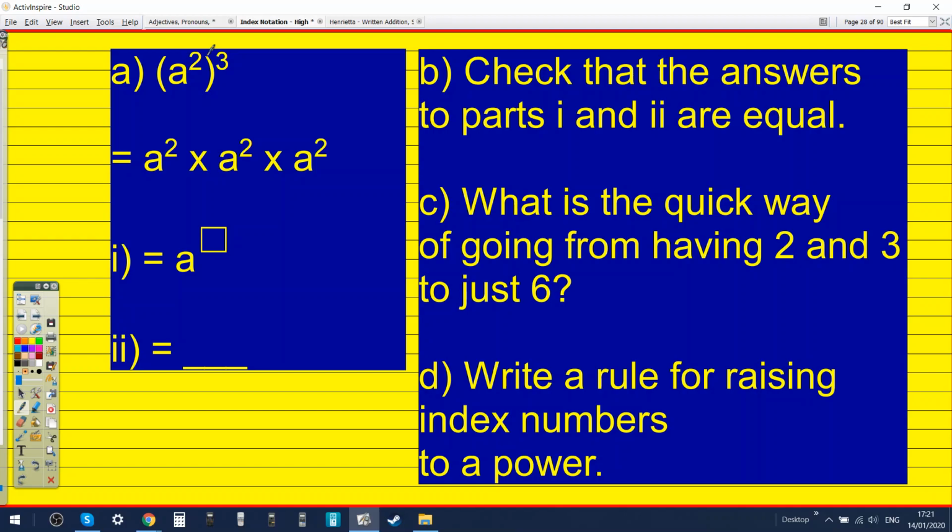This one here, a squared to the power of 3. That can be written as a squared times a squared times a squared. What will that one be? A^6. Yeah. What is the quick way of going from having 2 and 3 to just 6?